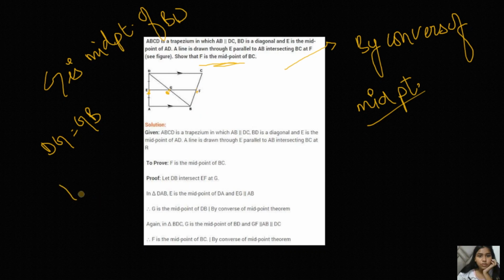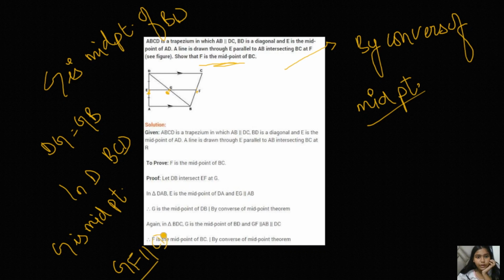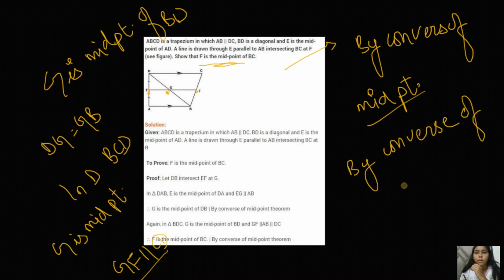So in triangle BCD, G is the midpoint and GF is parallel to CD. Am I right? So by the converse of the midpoint theorem, F will be the midpoint of BC.